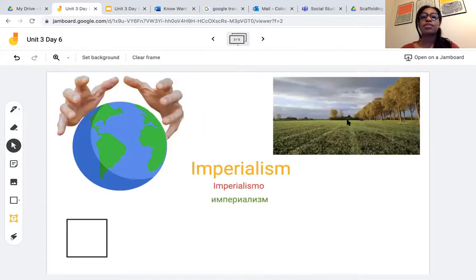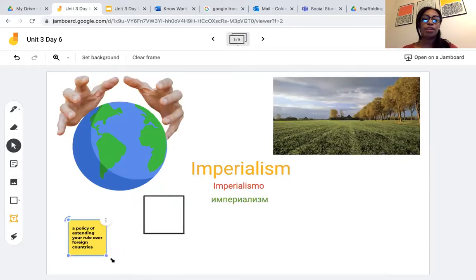And the last word, of course, is imperialism. So based on these images, what does imperialism mean? Right? And here you have hands trying to take the earth and you have land again, right? So it's a common theme here.